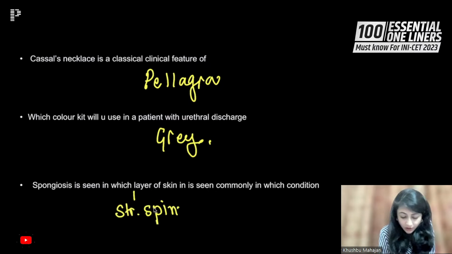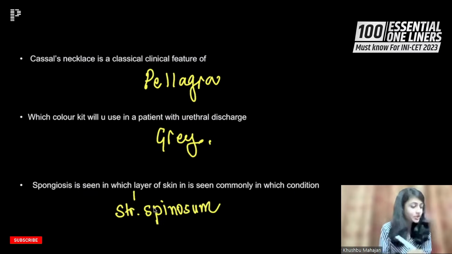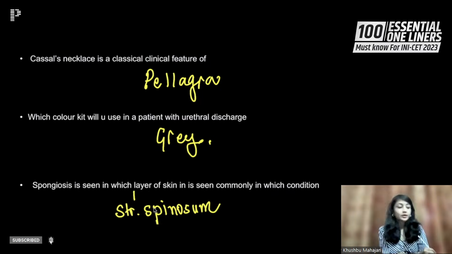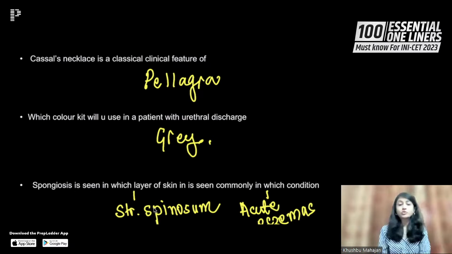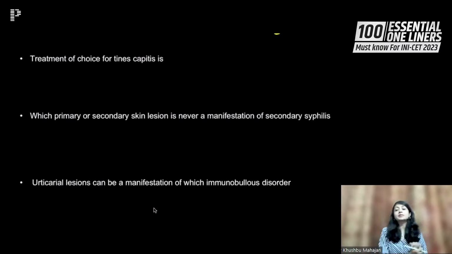And which clinical condition do you see spongiosis in? You see it in eczema. What kind of eczema? Acute eczemas. So acute eczema shows spongiosis. And what is spongiosis? It is intercellular edema. Next question.